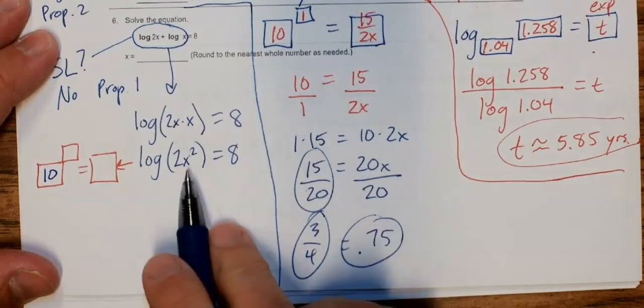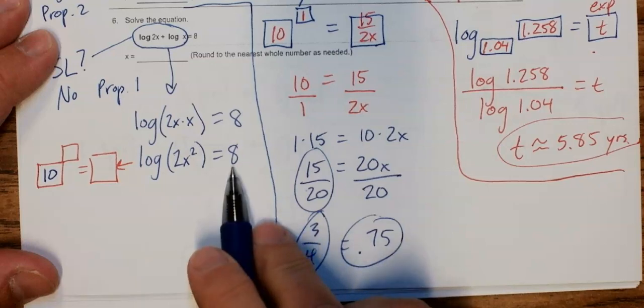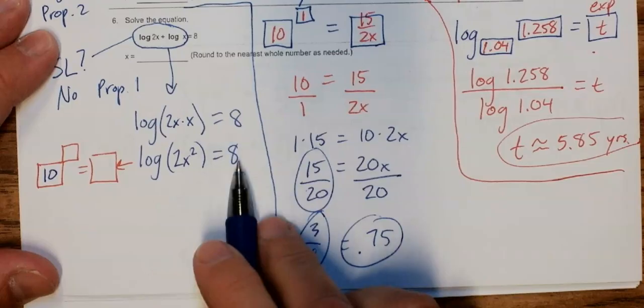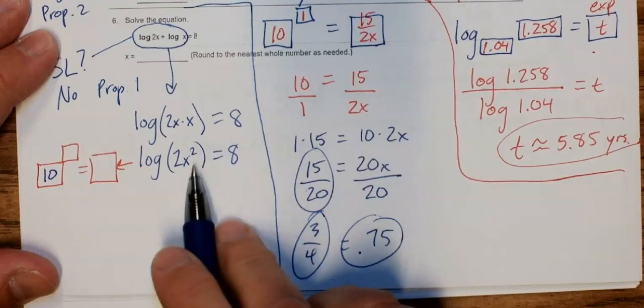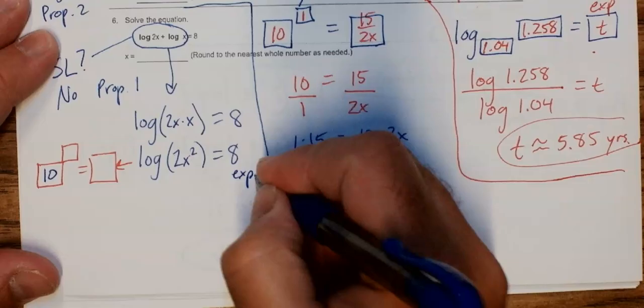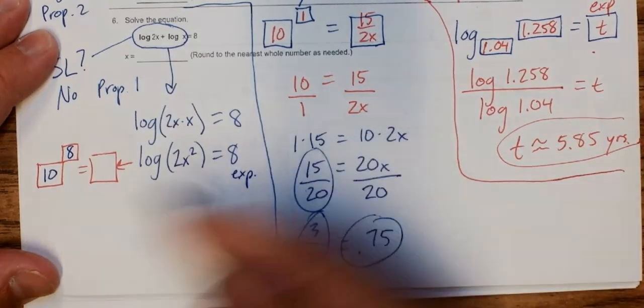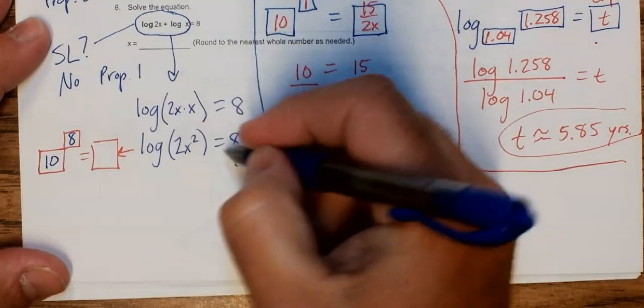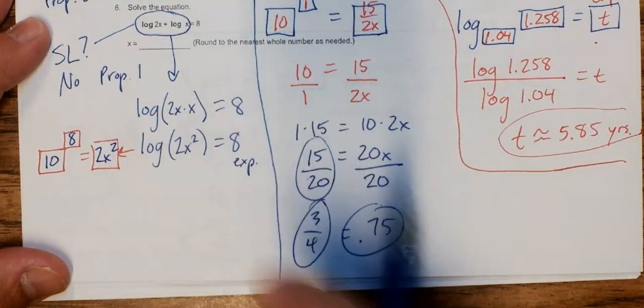Your exponent choices are 2x squared or 8. Which one of those is the exponent? Hopefully we know the exponents on the other side by now. So it's an 8. 10 to the 8, that kind of reminds me of my savings account. So the remaining box is 2x squared.